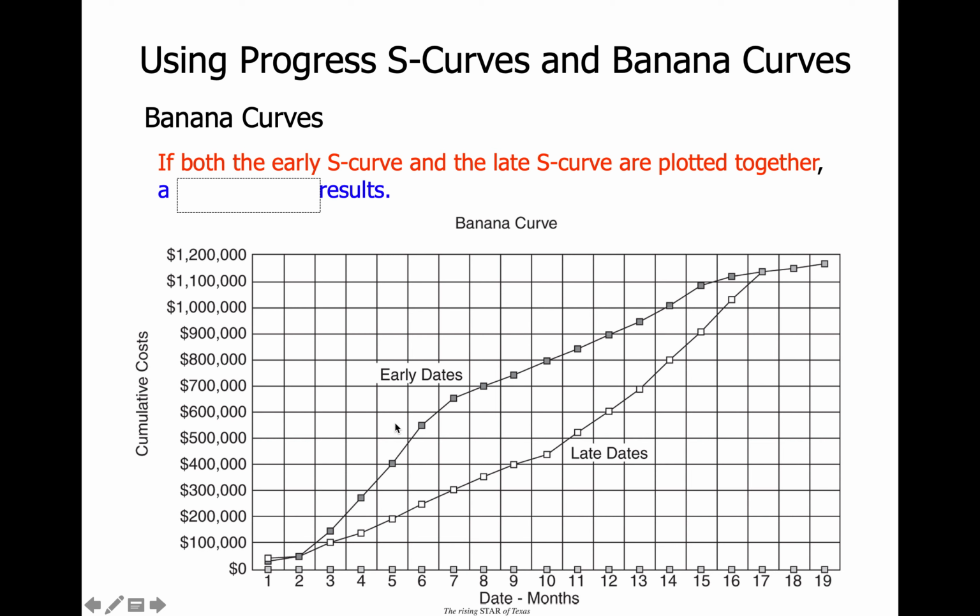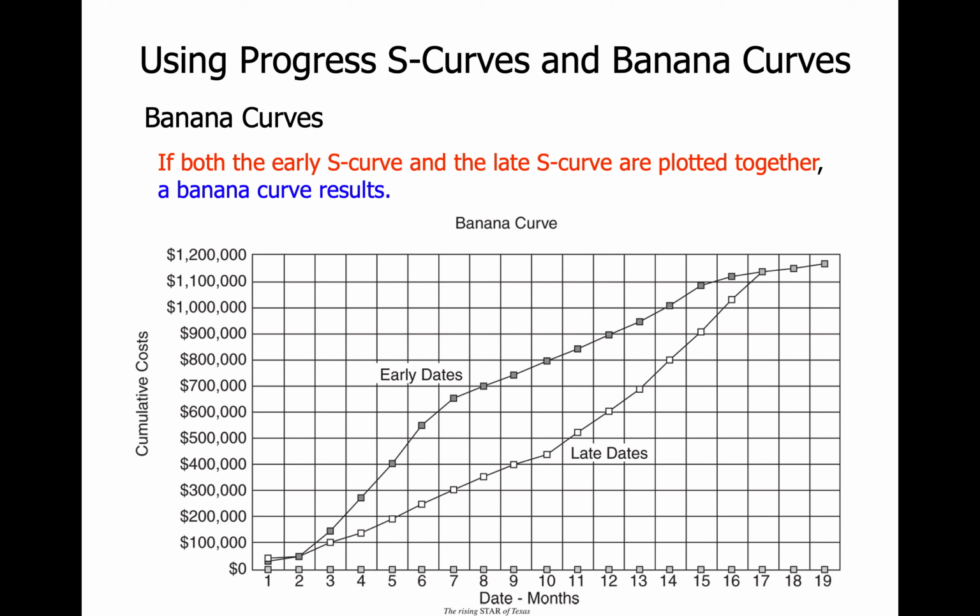So the first part, we could call the early dates, where everything is in its earliest position, and when everything is in its latest position, that would be plotting the late dates. So this is the banana curve, or you could call it the early date and late date S curves, but it's generally known as the banana curve. So this is how we would plot that.